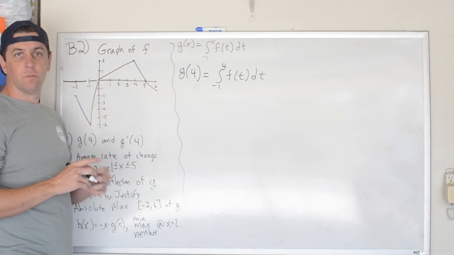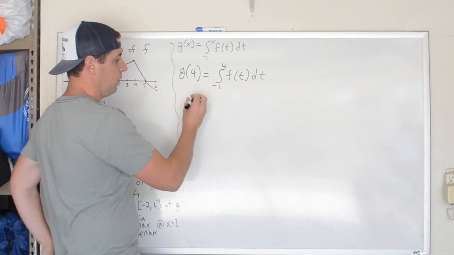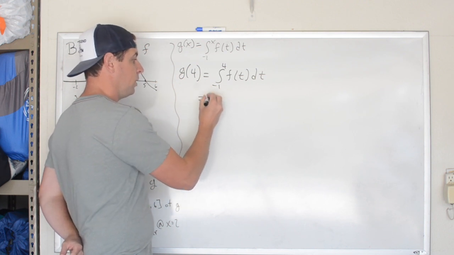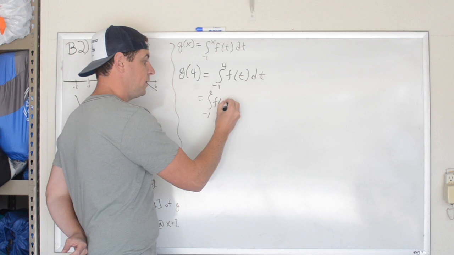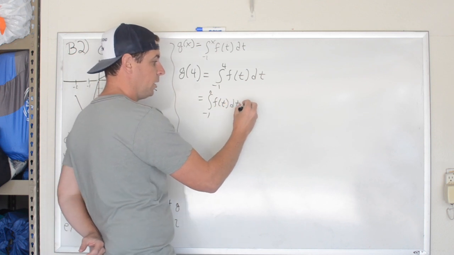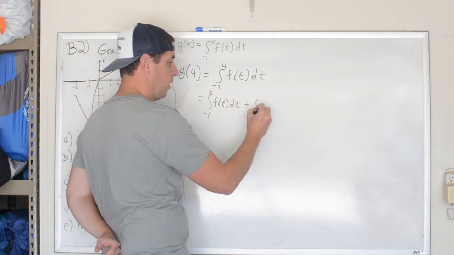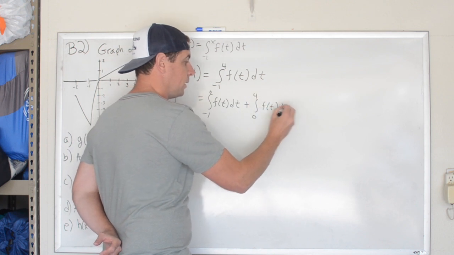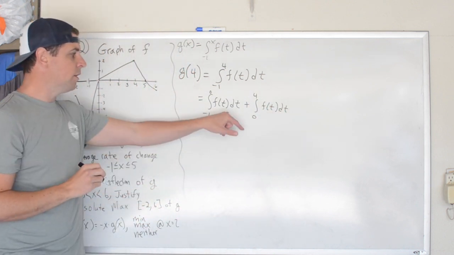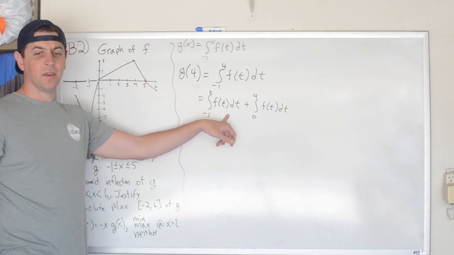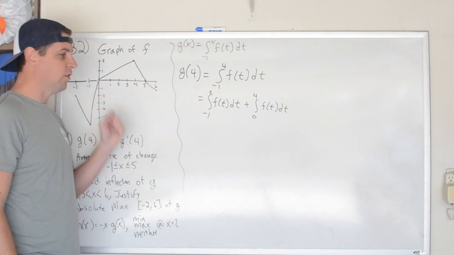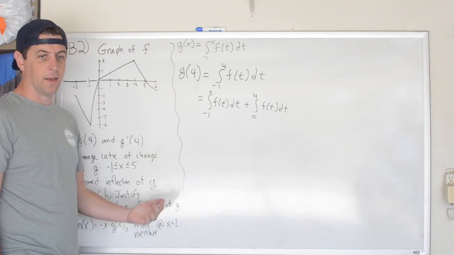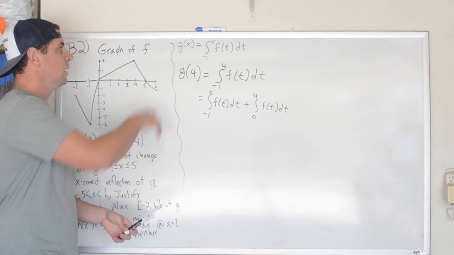So what I'm going to do is break this integral up into 2 parts. I'm going to say that this is the integral from -1 to 0 of f of t dt plus the integral from 0 to 4 of f of t dt. This then we use basic geometric shapes, because we don't have an equation to integrate, we're just trying to use our geometry to find a shape that will model this for us.